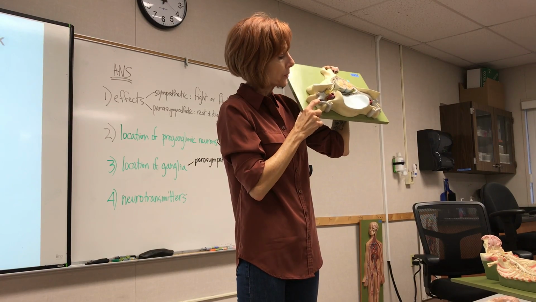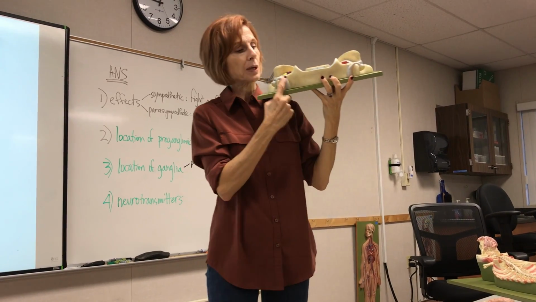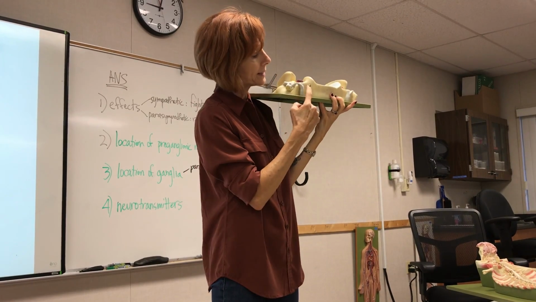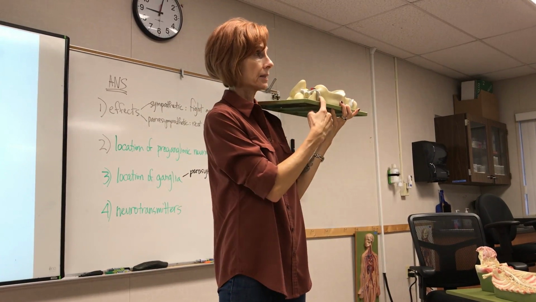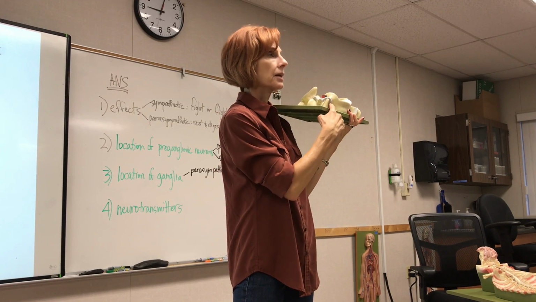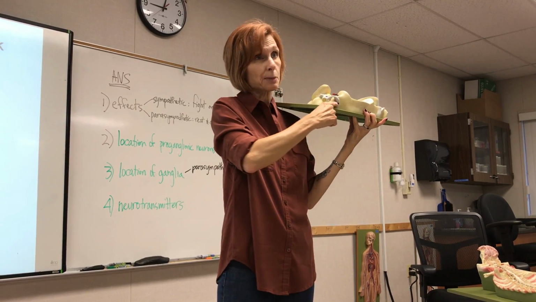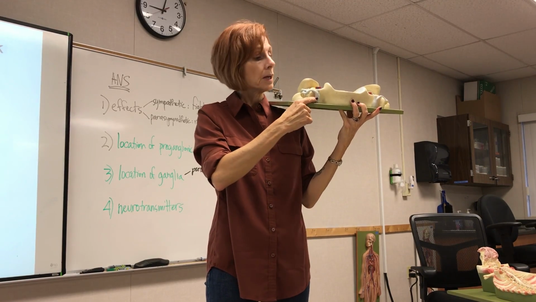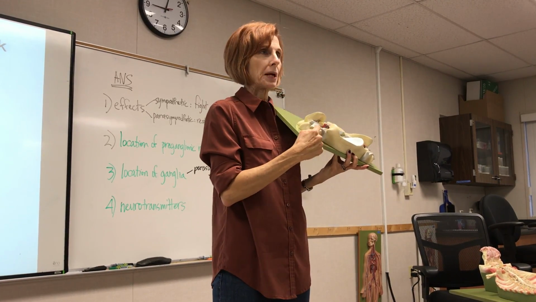Okay, so now notice that here we have this little thing traveling alongside of the spinal cord. This is the sympathetic trunk. This is one of the ganglia here of the sympathetic trunk. So you could identify this as the sympathetic trunk. You could just say sympathetic ganglion. And technically, this is the gray ramus.